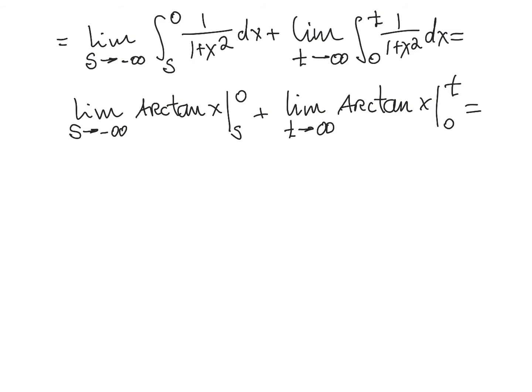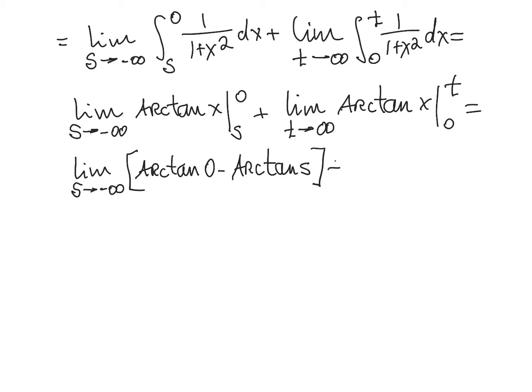We have the limit as s approaches negative infinity of arctan of 0 minus arctan of s, and then plus the limit as t approaches positive infinity of arctan of t minus arctan of 0.